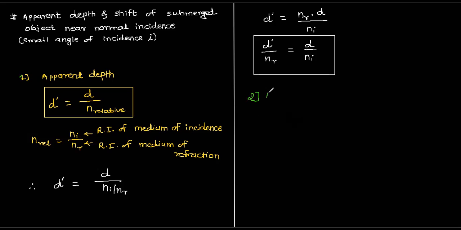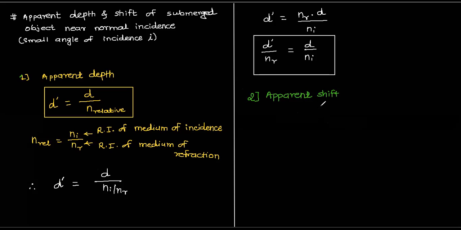Apparent shift. If you want apparent shift near normal incidence, all these cases are near normal incidence. Whatever yesterday's formula was there, that was for not near normal incidence, that was having some angle of incidence and angle of refraction. But here it is near normal incidence.